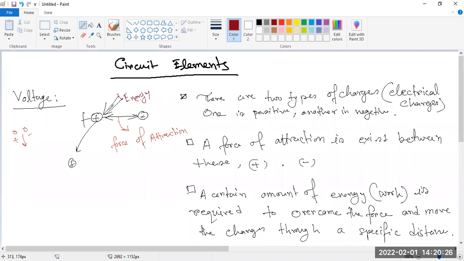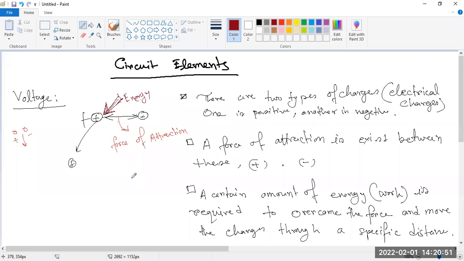So how much force or energy we have to apply to detach this force of attraction or overcome this force of attraction, it is mentioned as the potential difference. It is called a potential. And how much difference we need? This is called the potential difference.